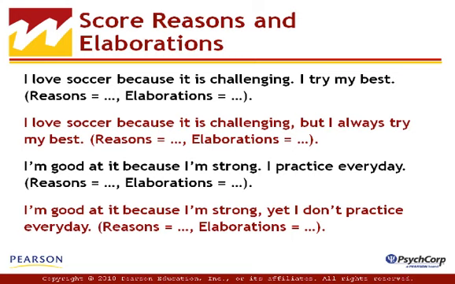Same thing, I'm good at it because I'm strong. Reasons 1, I practice every day. That's an independent clause that is not a contrasting statement. Elaborations would be 1. I'm good at it because I'm strong. 1 for reasons, yet again indicates a contrasting word. The score for elaborations would be 0, sorry.